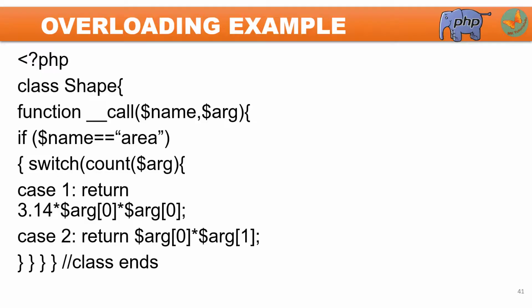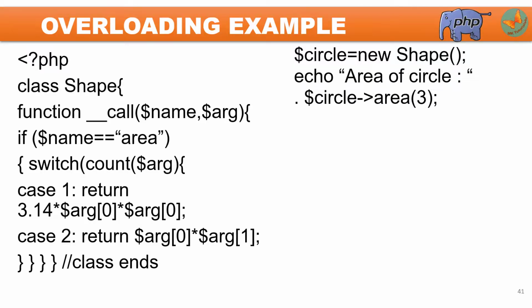Now let us first create one object variable of the class Shape. First I'll create the object variable circle, then I'll put up echo area of circle, and note here I am writing $circle, the arrow operator and area, and I am going to pass one value, which is 3.